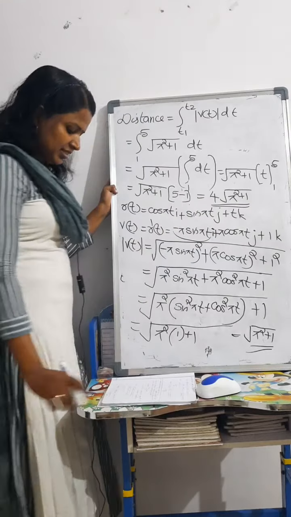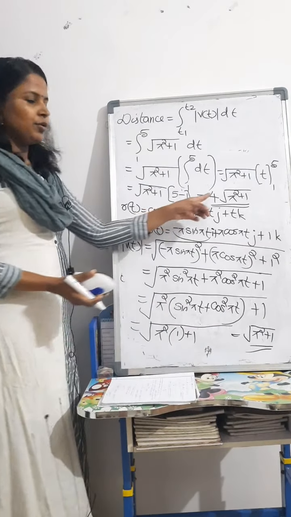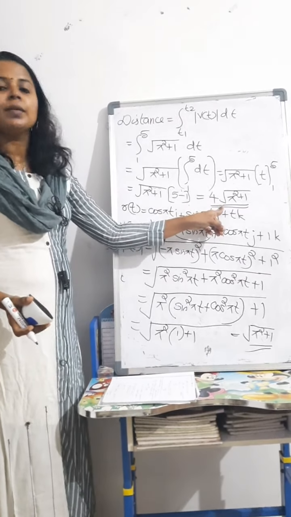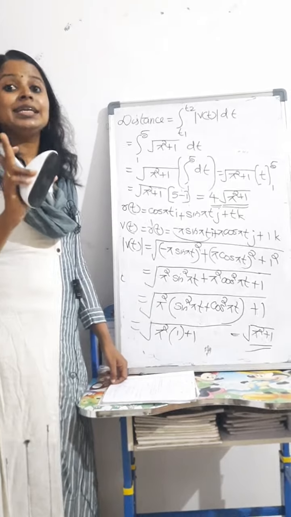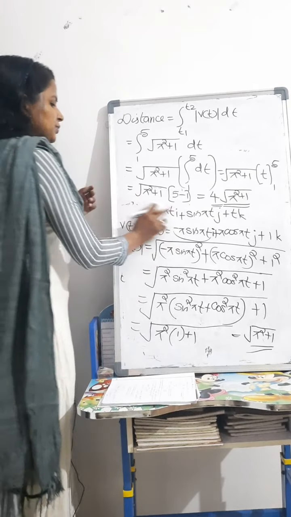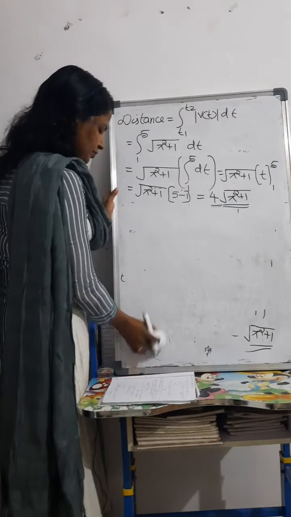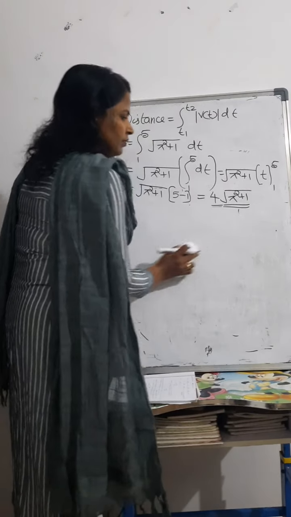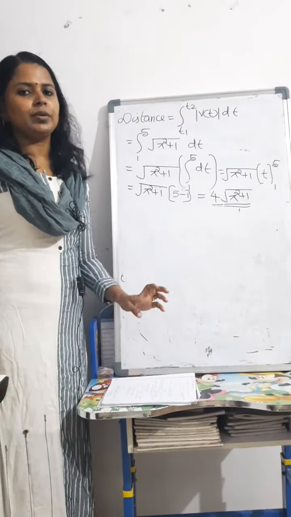This is distance: 4 into root of pi square plus 1.